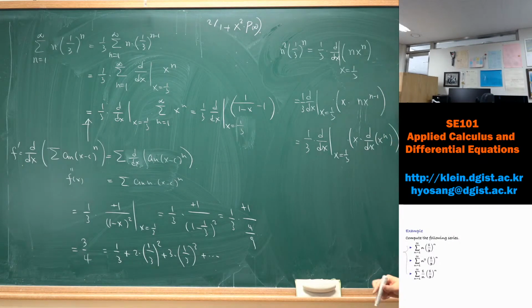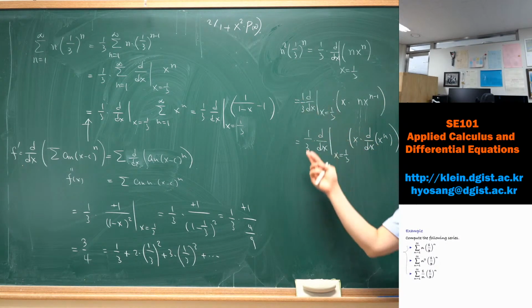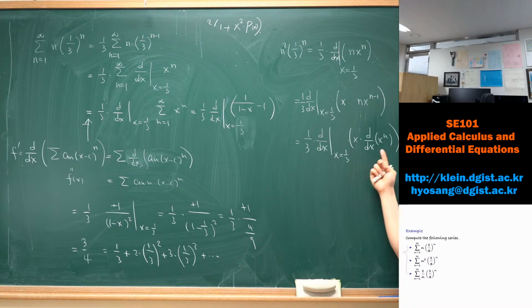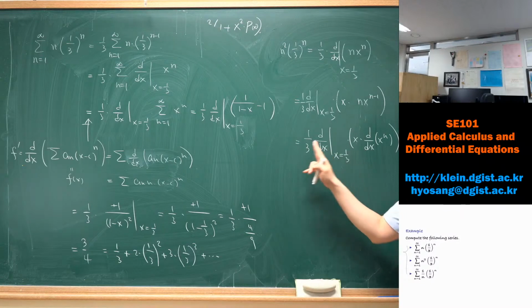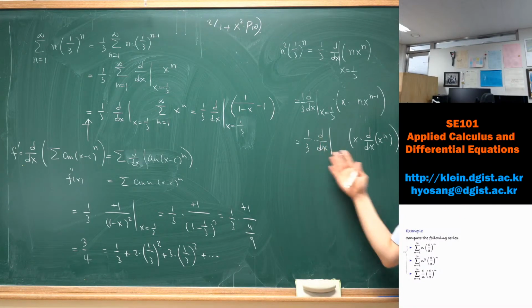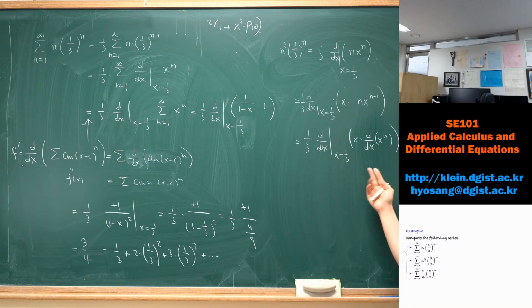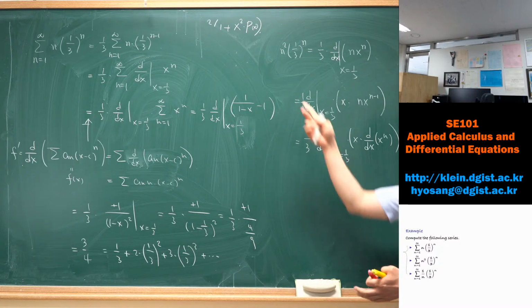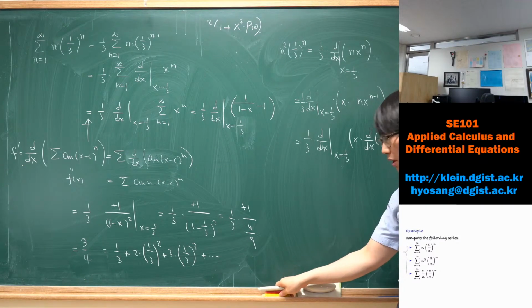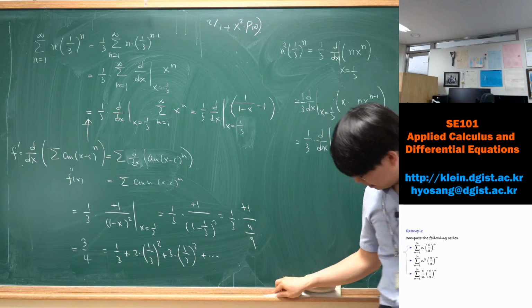So your sum with n squared is obtained by taking a derivative twice. If you take the summation, because of the theorem, I can move my d/dx freely to the outside and inside of the summation. So you can rewrite your series as the derivative of some power series. I will leave this to you as homework.